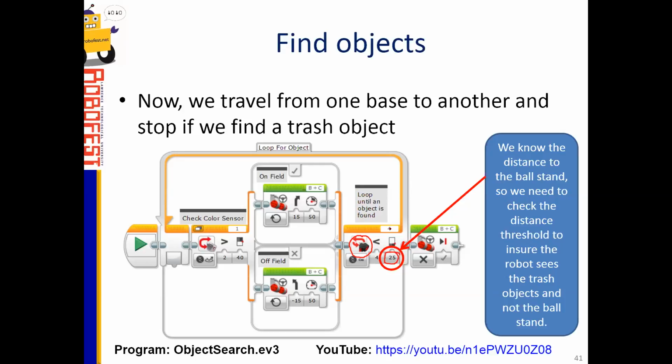Remember, it's plugged into port 4. So when we see something at less than 25 centimeters, we're going to stop. We know the distance of the ball stand, so we need to check the distance threshold to ensure the robot sees the trash, not the ball stand. Remember, the trash object is always going to be there. This is located under Object Search, EV3. But let's watch this as a video.